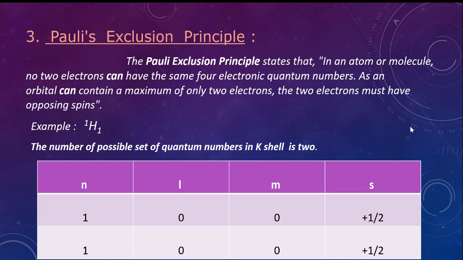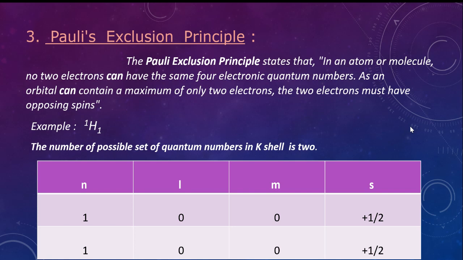Okay, so we know that each orbital can accommodate a maximum of two electrons.